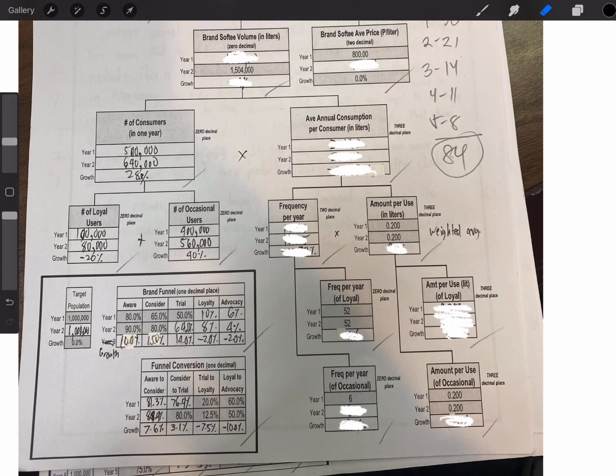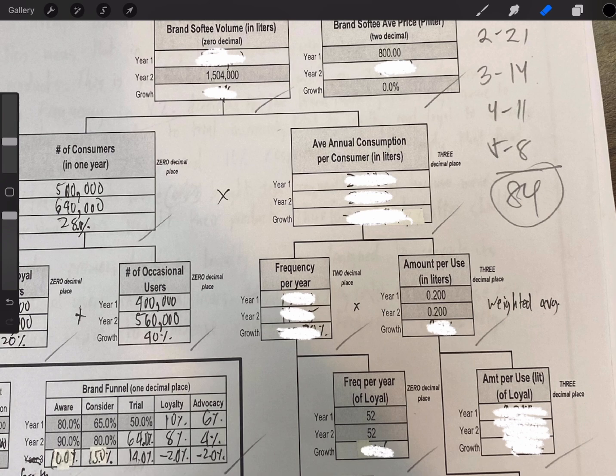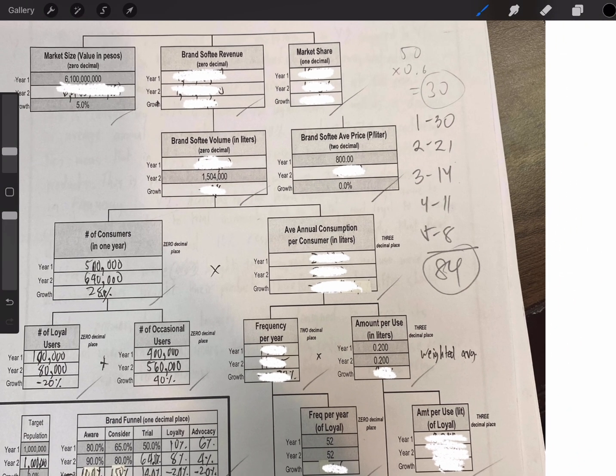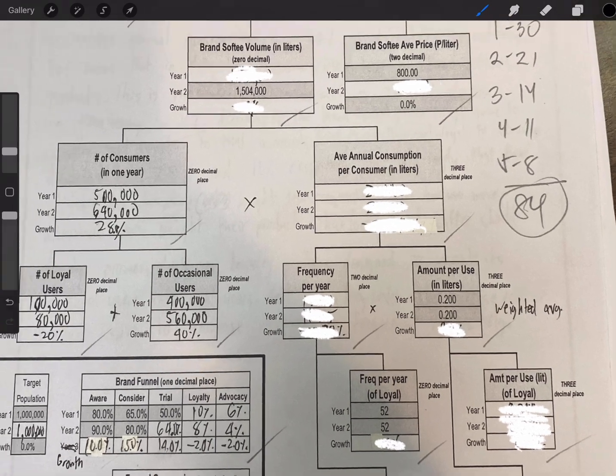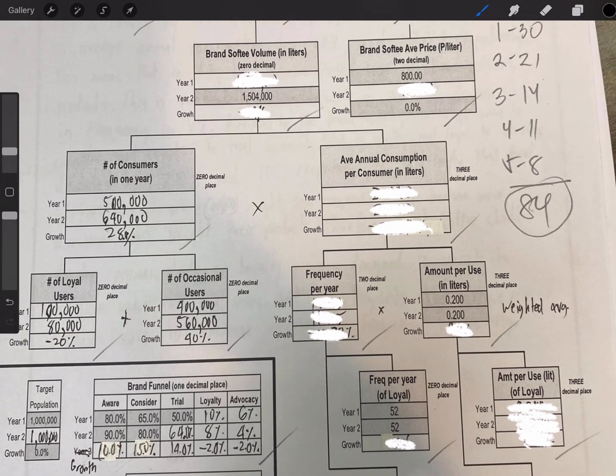So at this point, we're going to want to go to the right side because we need the average annual consumption to multiply that to the number of consumers to get the volume and the revenue, which we don't have right now. So the relationship between the two is number of consumers times average annual consumption is equal to the volume.